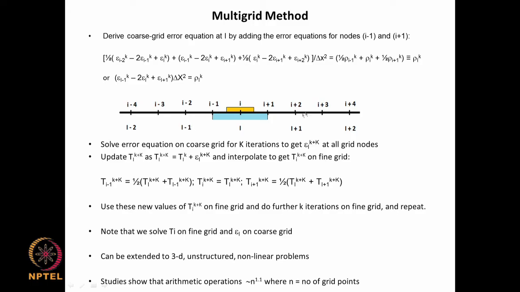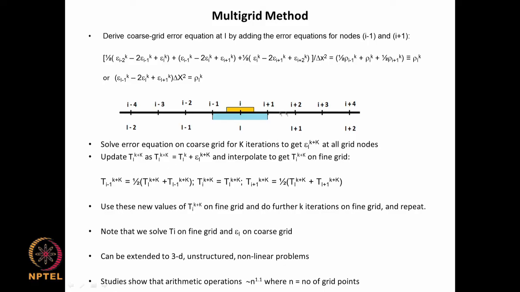So, for this simple grid we can say that T at small I minus 2 is equal to T at capital I minus 1, which is obtained here, and this value is also known. And for the intermediate points we interpolate from here. So, T at small I minus 1 is equal to half of T at capital I plus T at capital I minus 1, that is, the average.